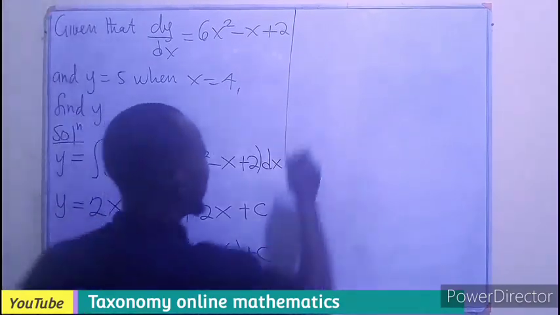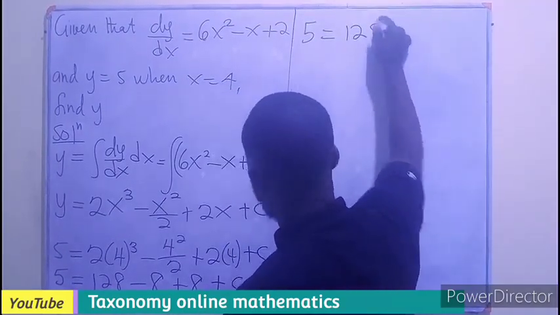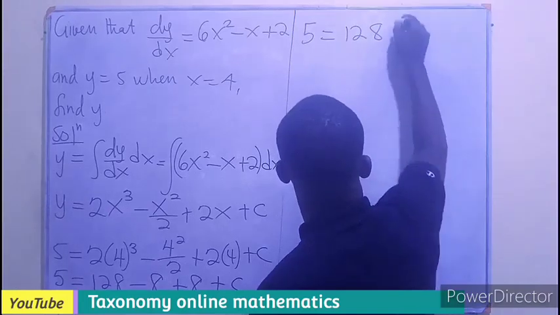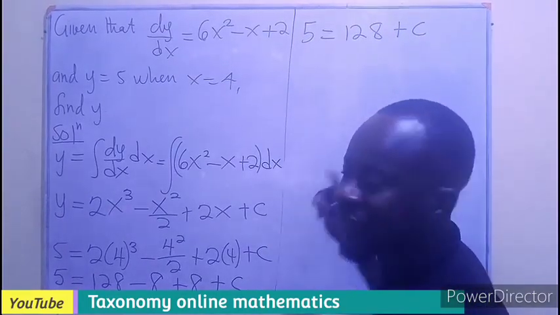So we are only left with 5 is equal to 128 plus C.